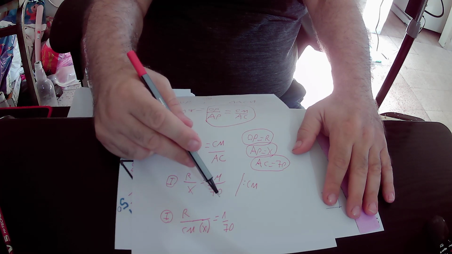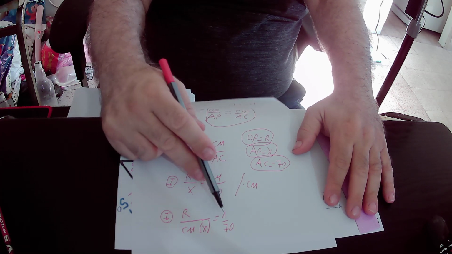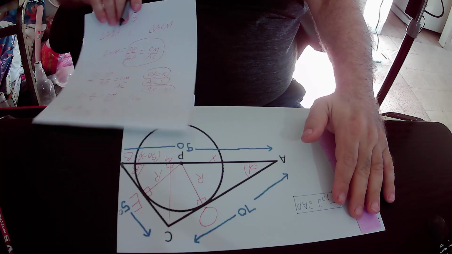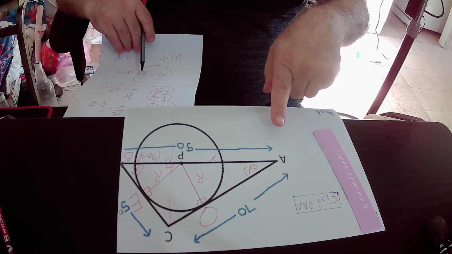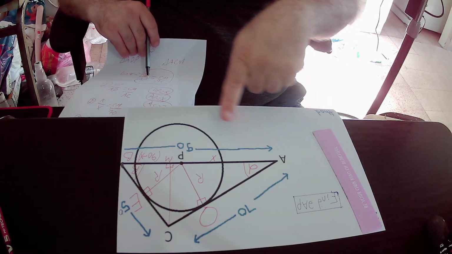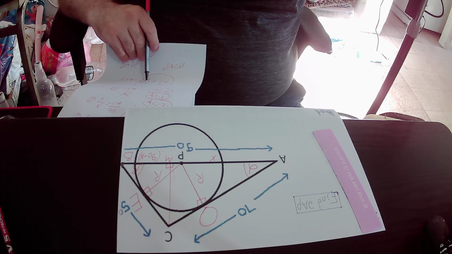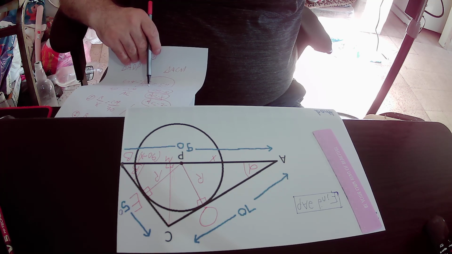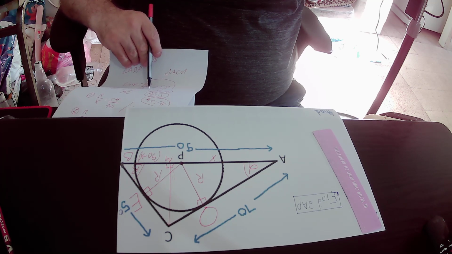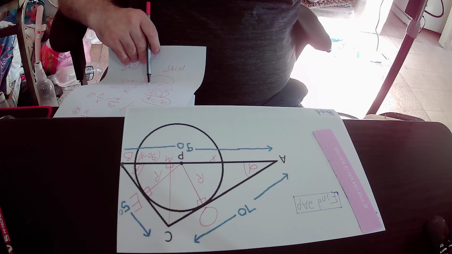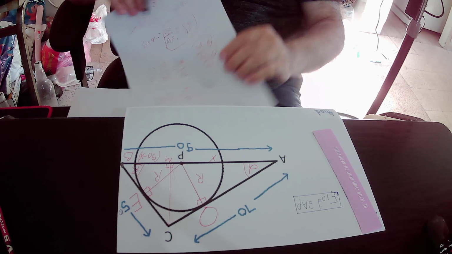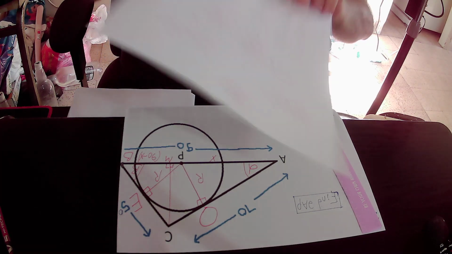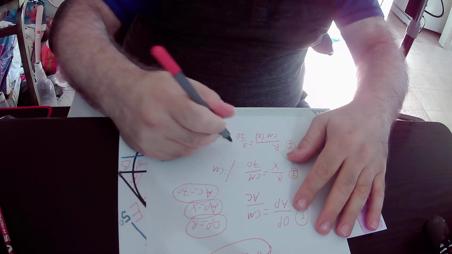Now we will multiply both sides of the equation by X. Again, it is allowable to multiply both sides by X because X equals AP, and AP is a positive number. It can never be 0, so it is allowable to multiply the equation by X.